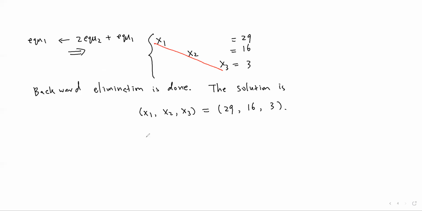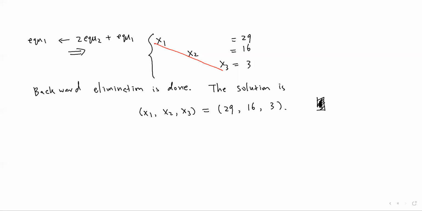You can check by plugging these 3 numbers into the original linear system and see whether or not the original linear system is a true statement. It should be if the calculation is correct. Okay, this is the solution to the original linear system. This symbol means done.